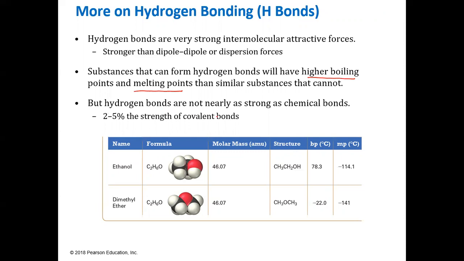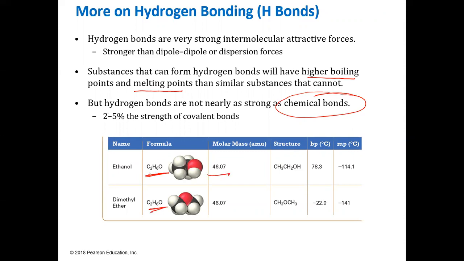But hydrogen bonds, again, are not nearly as strong as a chemical bond. I really want y'all to remember that these attractive forces are nothing compared to what a chemical bond is, but it's enough that it affects boiling and melting point.